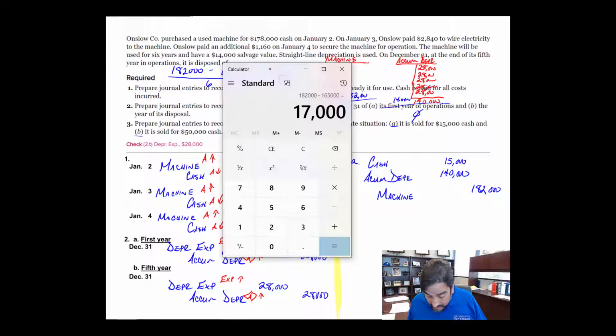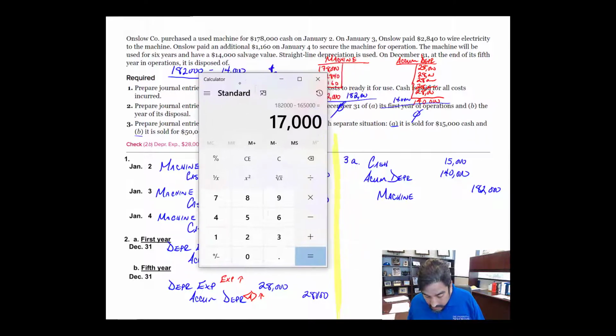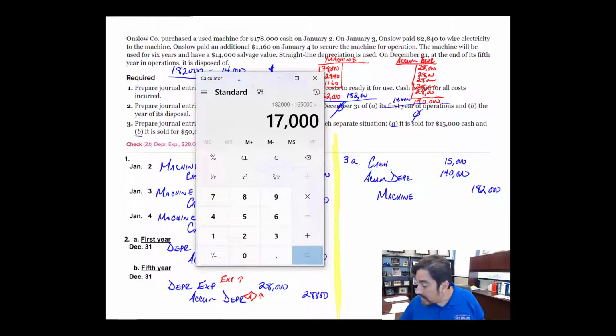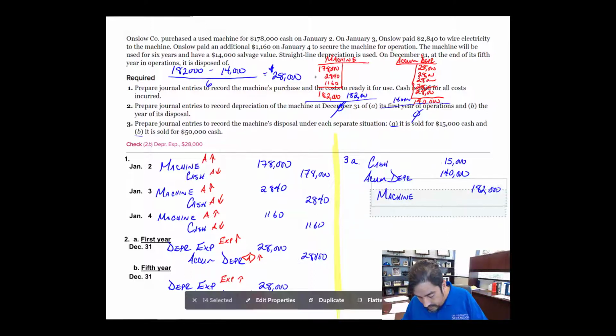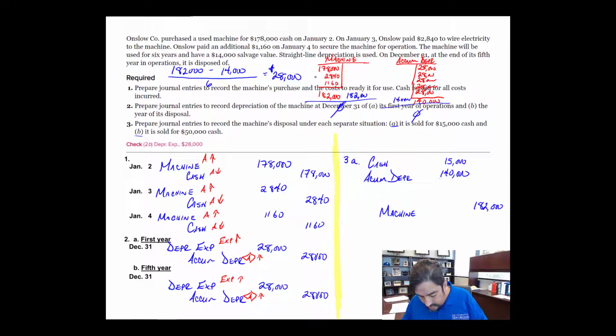Let me try that again. There's my problem. 140 plus 15. 155, not 165. So minus 182, $27,000. I need another debit for $27,000. It's a nice thing about writing on electronic paper.